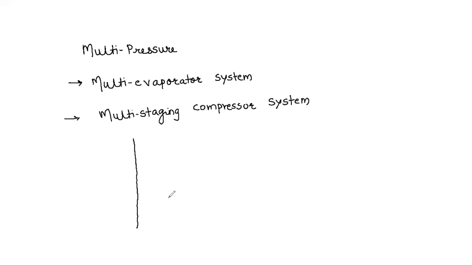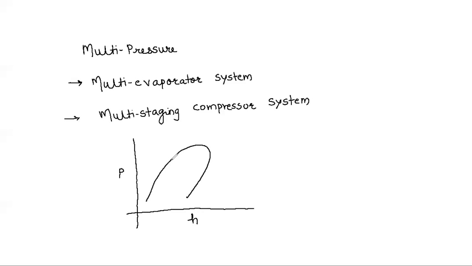This is the vertical axis representing the pressure, and this is the horizontal axis representing the enthalpy. So the pressure-enthalpy diagram. This is the vapor dome.